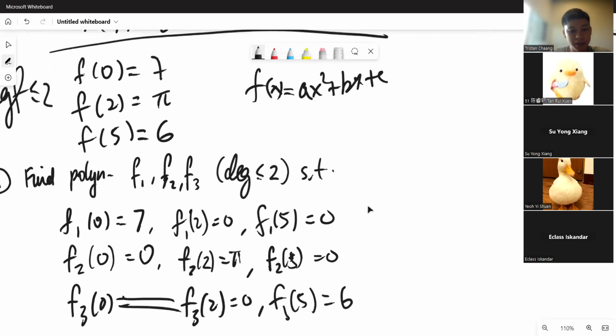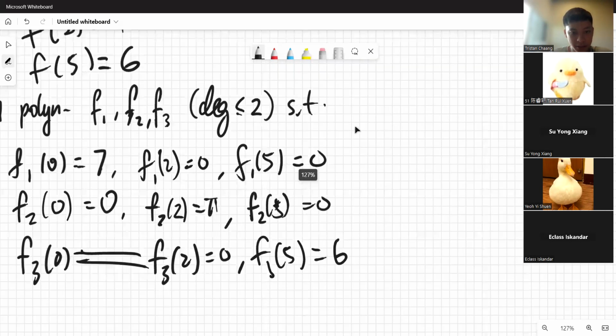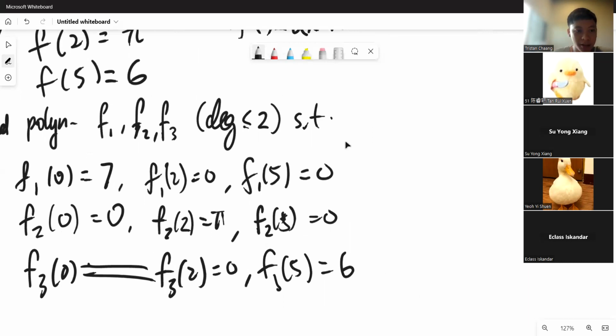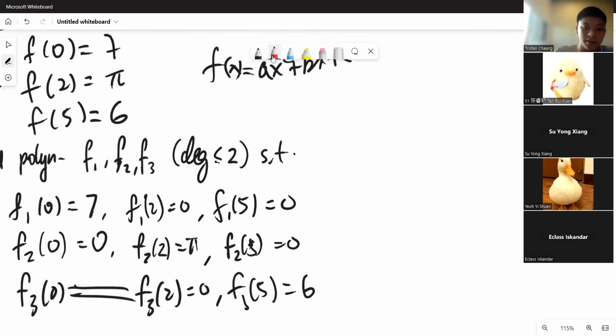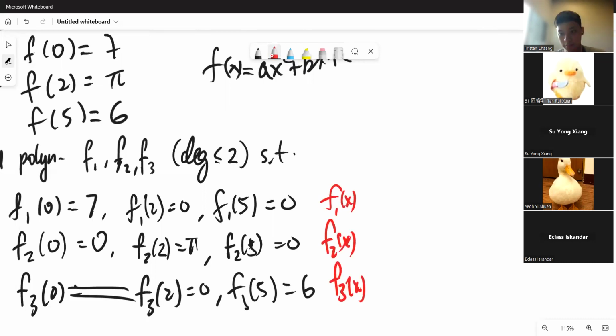Can we find f1? So f1 vanishes, and vanishes means it becomes 0 at that point. So we say it vanishes at 2 and 5.